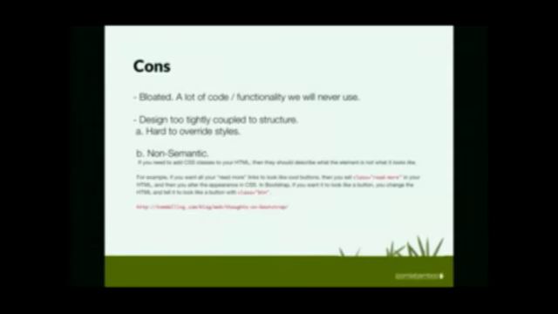So in the example of a read more, a semantic class for a read more button is class equals read more, whereas in Bootstrap it's class equals button. To my mind, it tells you a little bit what it is. You read more, you're going to click on it, you click on buttons like this. It's not a massive leap, but it's not a pure semantic description of what a read more should be.